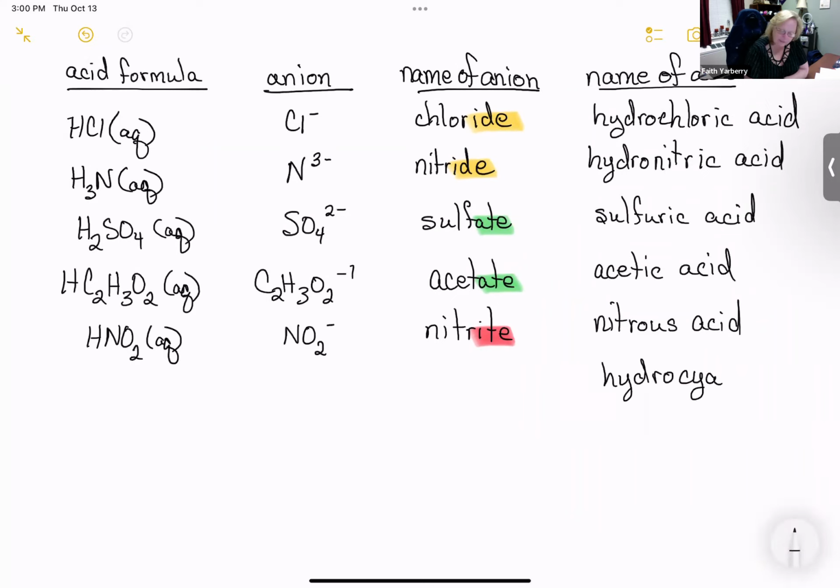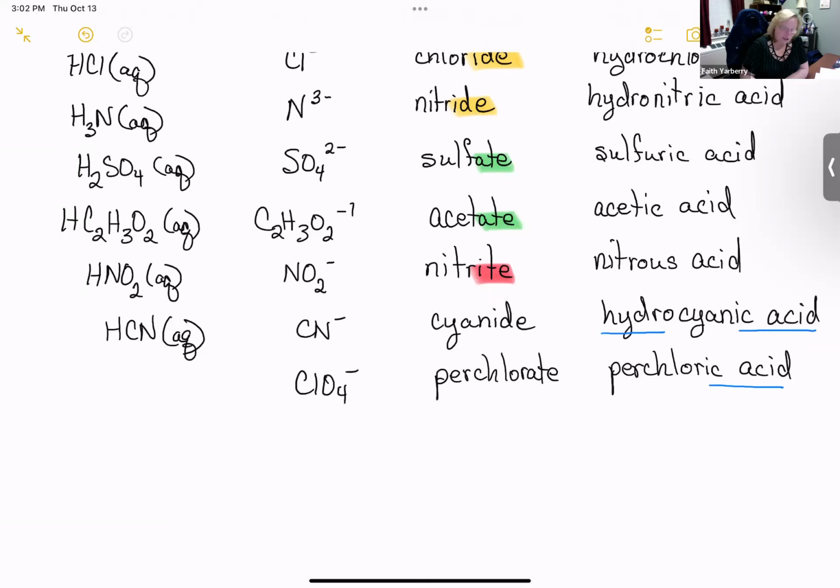So the ion it came from is perchlorate. With the ending ATE, perchlorate is ClO4 minus. Because it has a -1 charge, that means it's going to have 1 hydrogen as an acid. And so it'd be HClO4 aqueous.